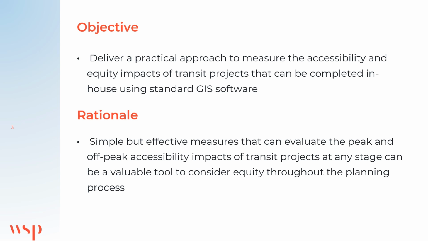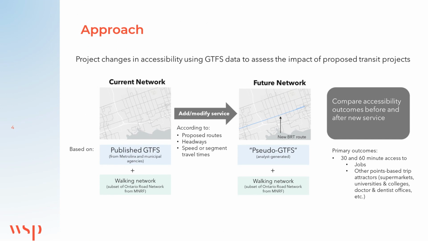In order to do this, our approach uses GTFS data to assess the impact of proposed transit network projects. We first start by taking a look at the current network using GTFS. And using GTFS as an input allows for a lot of flexibility.